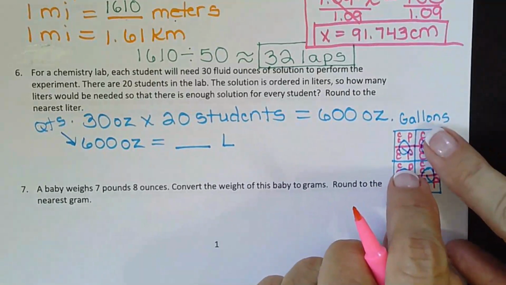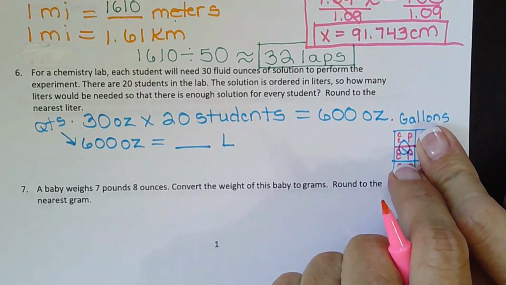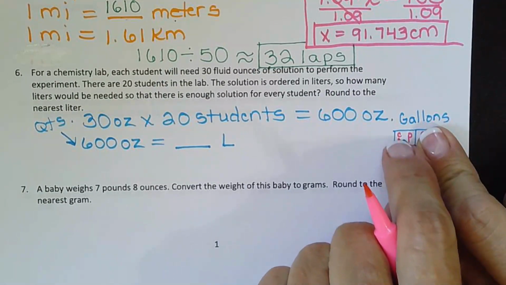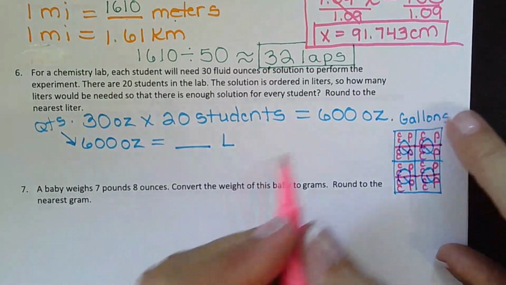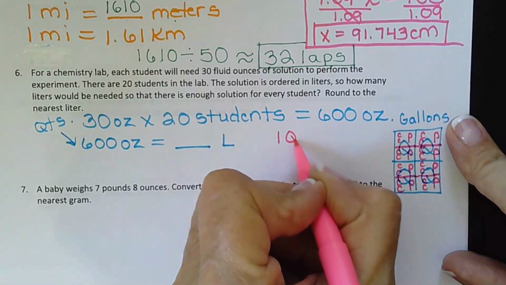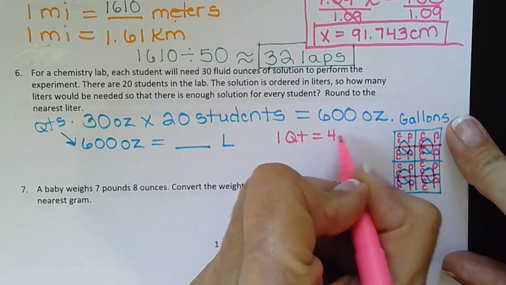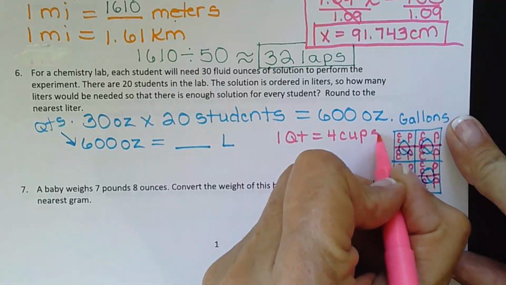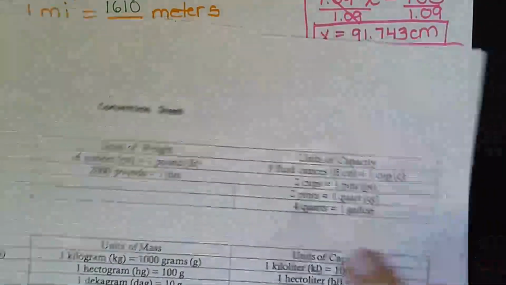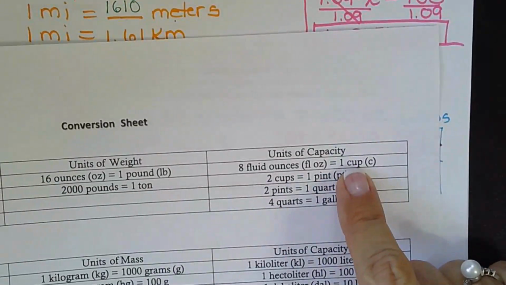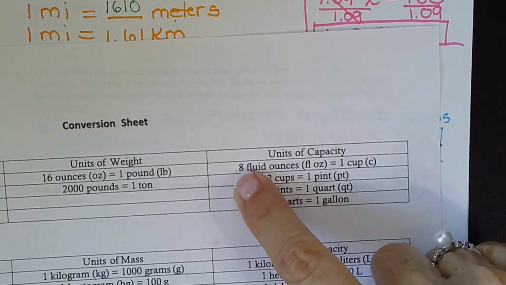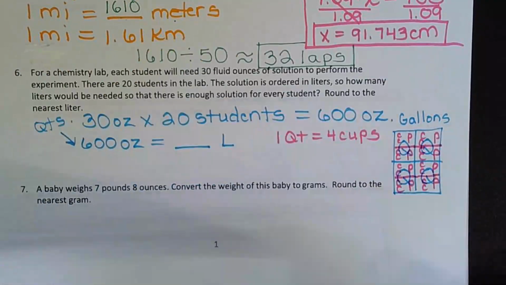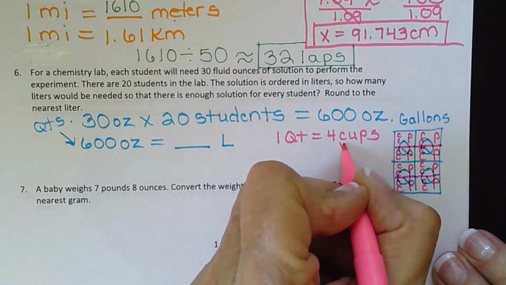Looking at 1 quart, it looks like a quart is 1, 2, 3, 4 cups. So 1 quart equals 4 cups. But each cup is 8 ounces, so we take that times 8.